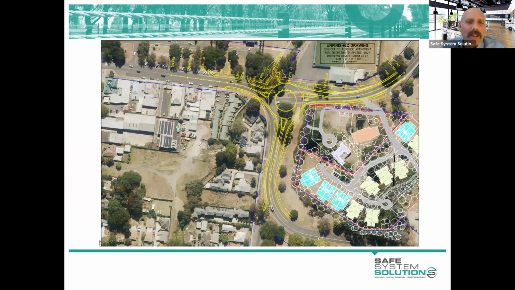But they've come up with their design. So this is their first design. We're thinking about a roundabout. Here's our concept of a roundabout. Moved it around a little bit to try and minimize land acquisition and bits and pieces here and there. So that's one.